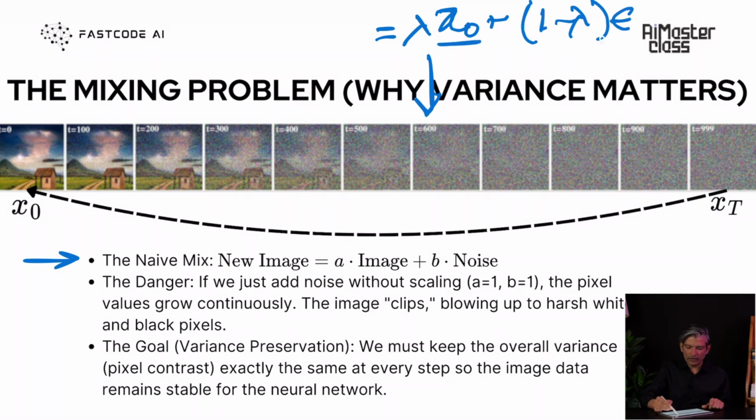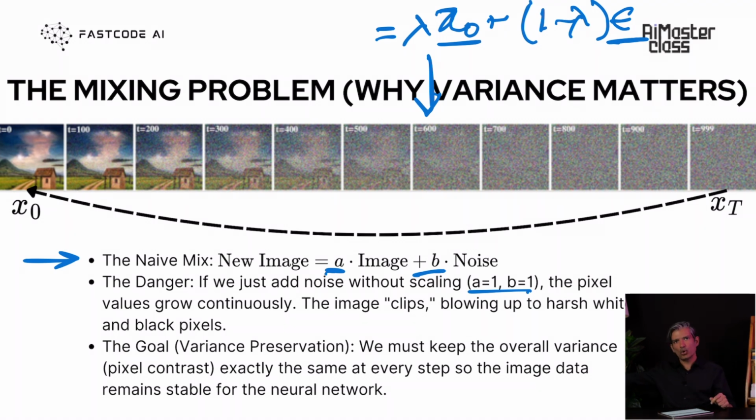In general this is okay, but if we add noise without scaling, if a and b are both equal to 1 here, then the pixel values will grow, because you have an image and then you add some noise to it, so the pixel values will increase. If you keep doing that 1000 times, it will probably become a fully saturated image.